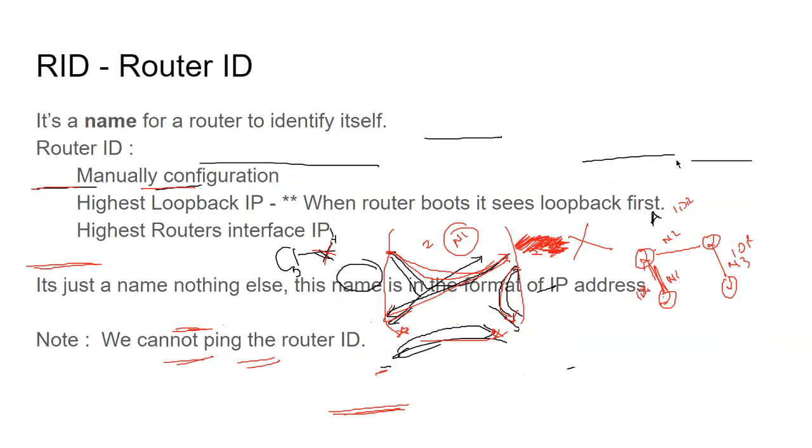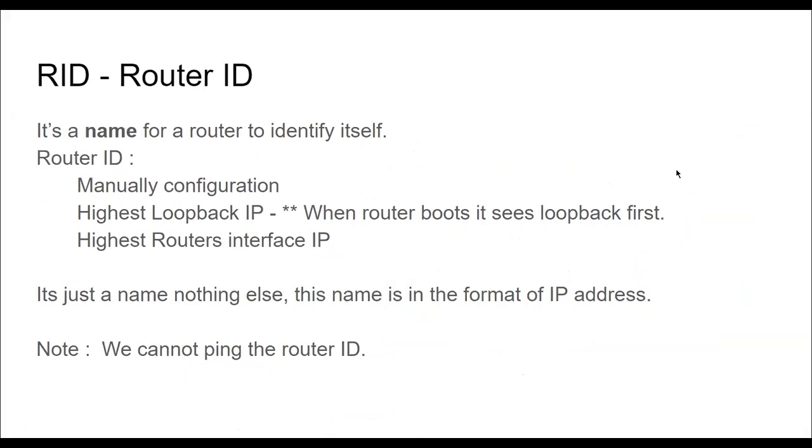Let's talk about router ID again. The main reason why I'm repeating this is because yesterday's document which I used is not that effective, I feel. So what is router ID? We know it. Router ID is a name of a router to identify a single router. So for example, I have router 1, router 2, R1, R2.